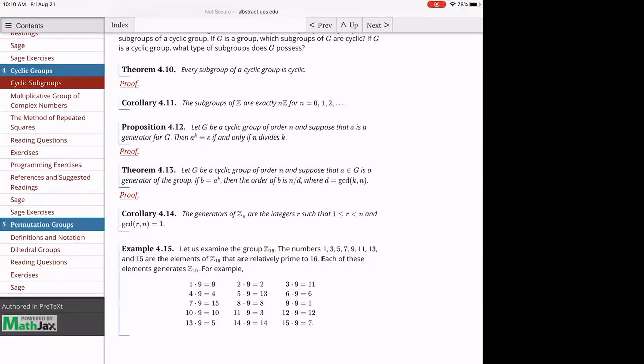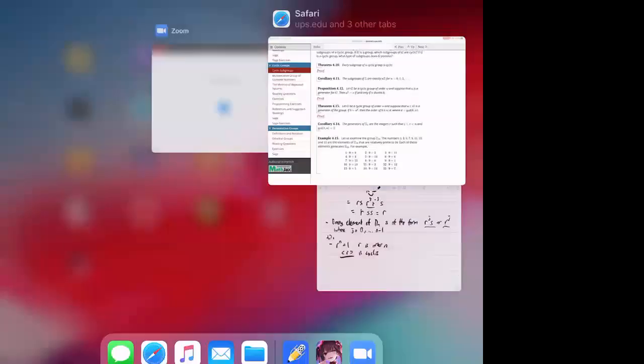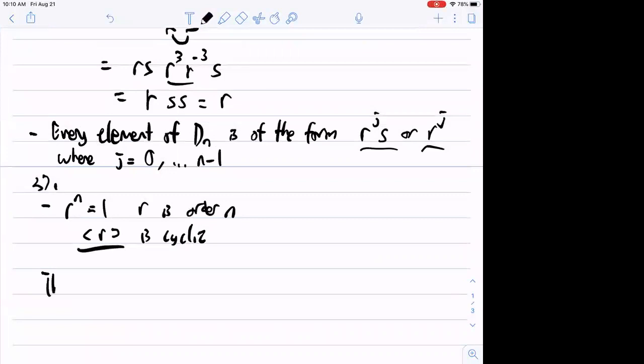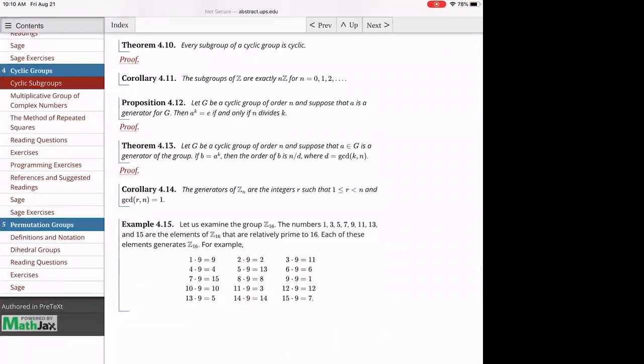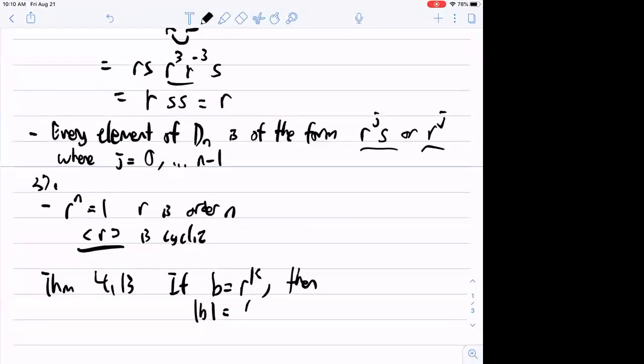R is the generator. Then, theorem 4.13: if b equals r to the k, then the order of b, I'll write absolute value as order, is n over d, where d is the GCD of n and k.